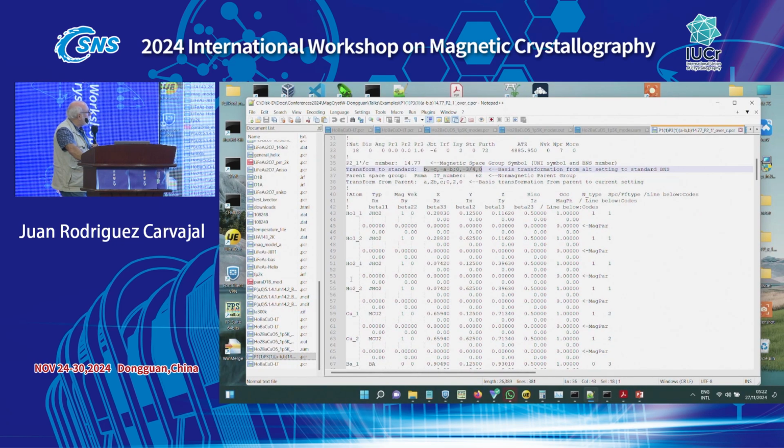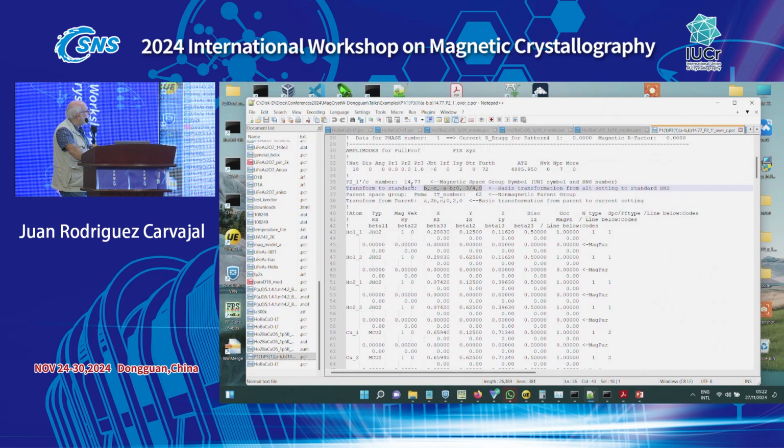But you don't have to worry about that. And then you see what setting we are really using. From the parent it is A to B, C. Well, 2 is the same as 0. It's not a problem here.